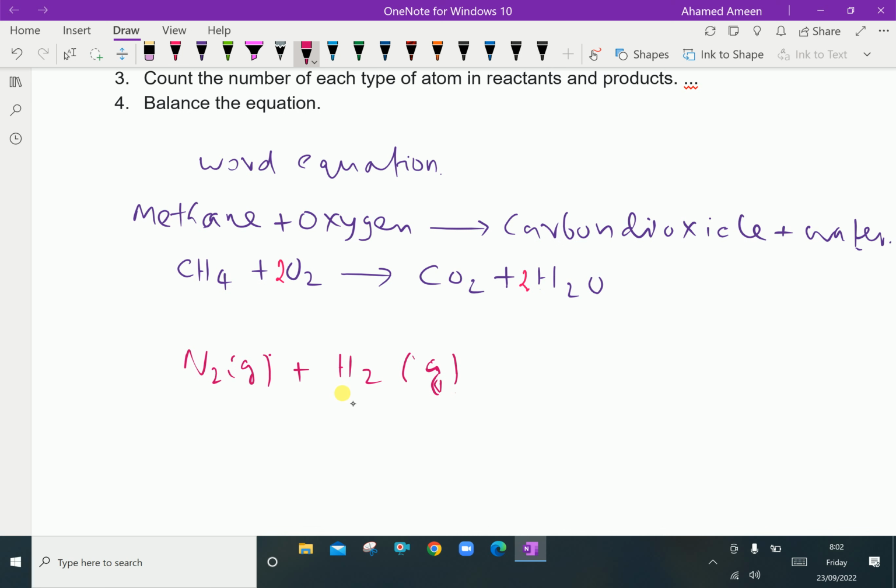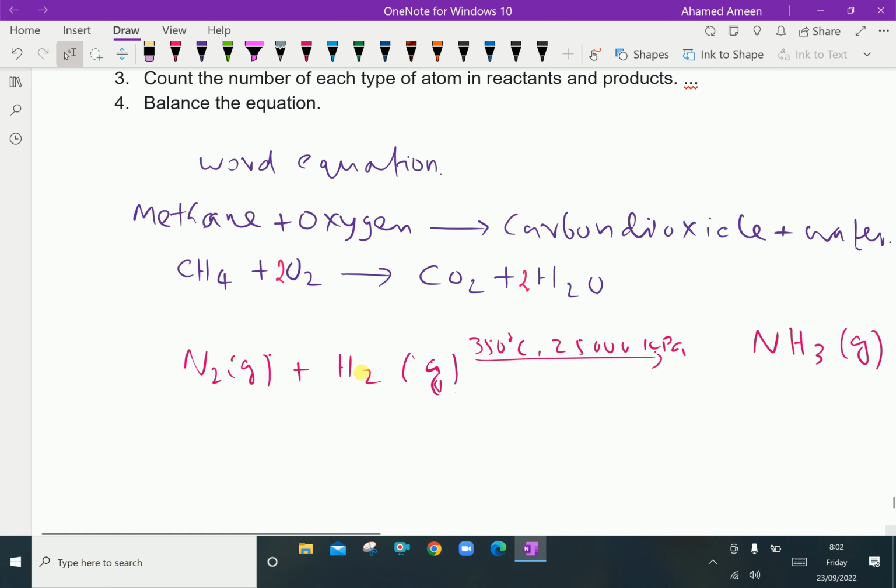Here the forward reaction means we have to use 350 degrees Celsius and the pressure is 25,000 kilopascal. That means the pressure and temperature make this N2 plus H2 react together and form ammonia, NH3. This is also a gaseous state.